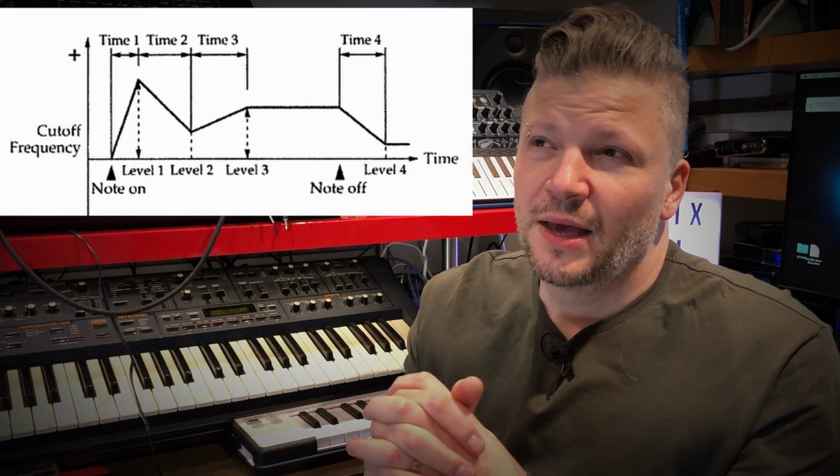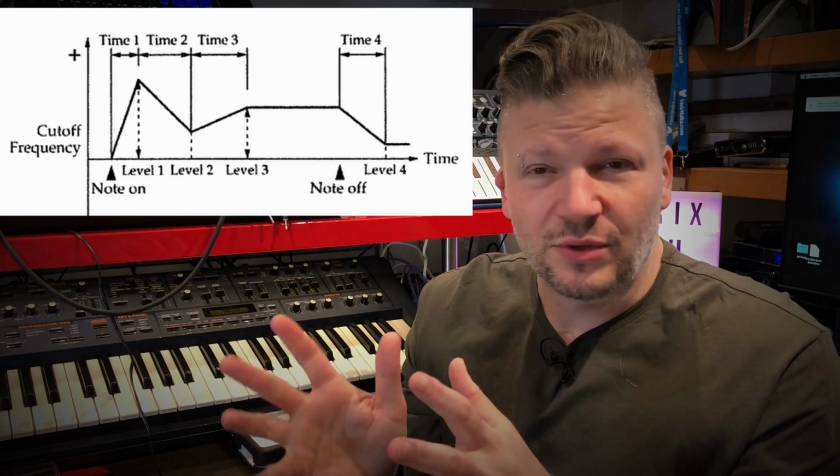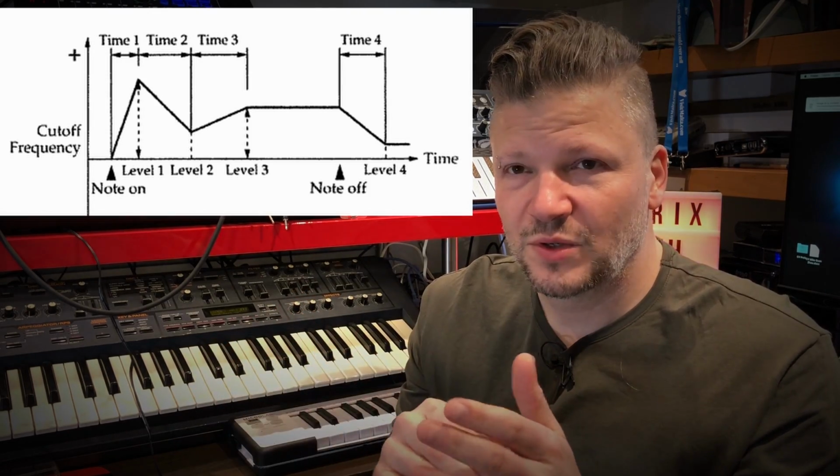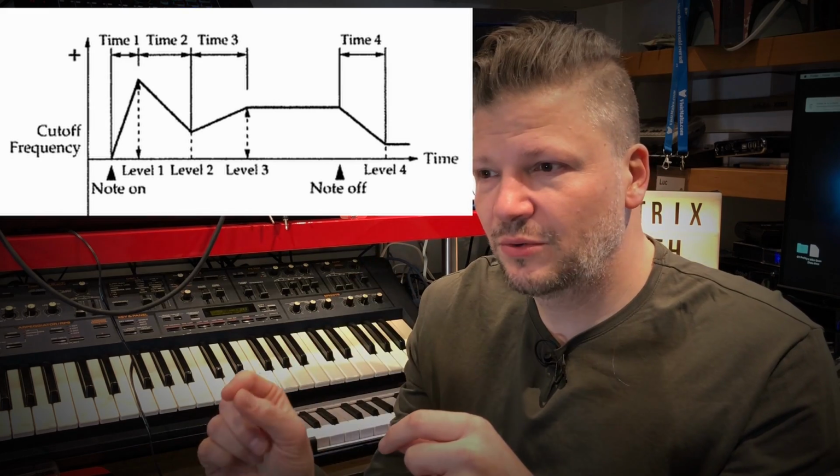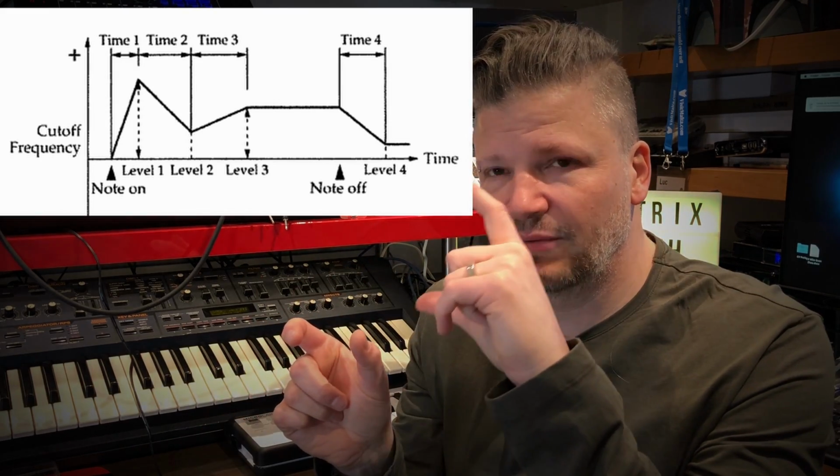And there's another type of envelope like the one you find in all of the JV, 2080, 1080, the XV from Roland, the D50 if I'm not mistaken. These are not called attack, decay, sustain, release anymore. These are time and level. You start from 0, you take some time to go to level 1.